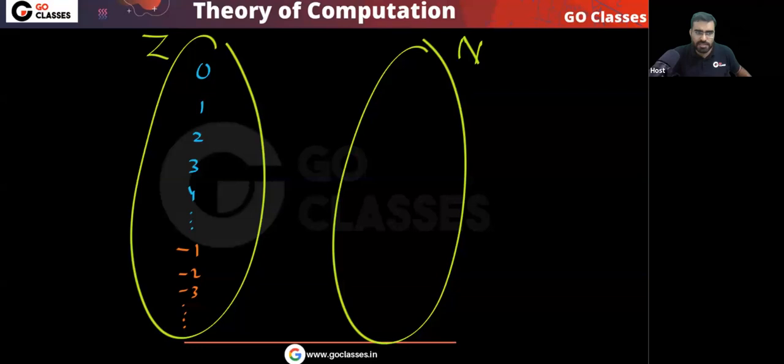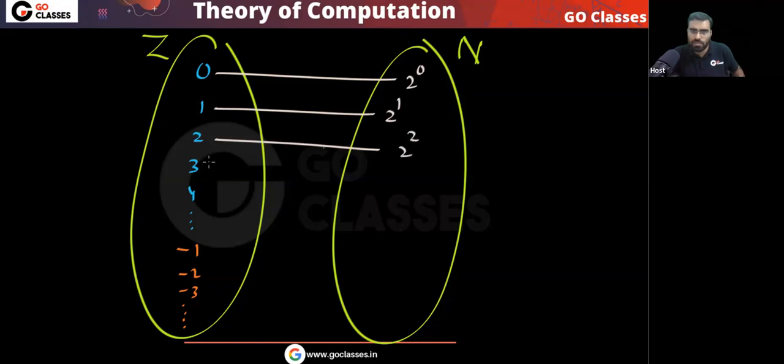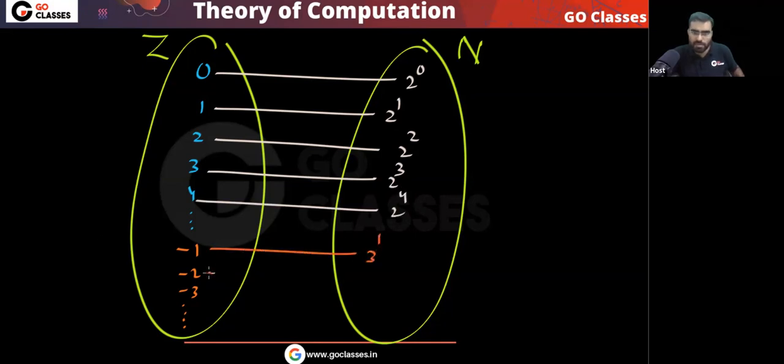The first group I map to 2 power 0 and powers of 2, and the negative numbers I map to powers of 3. Yes or no?